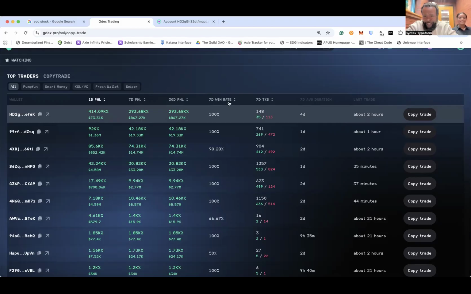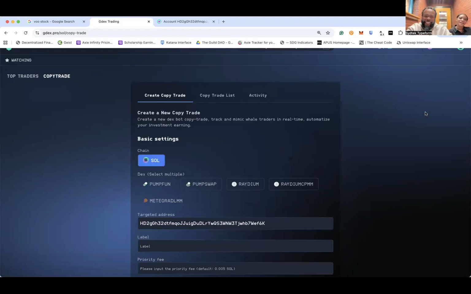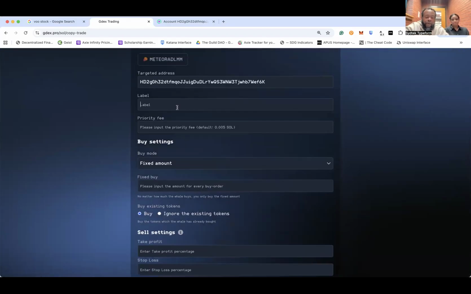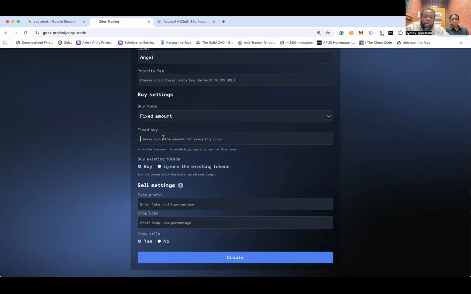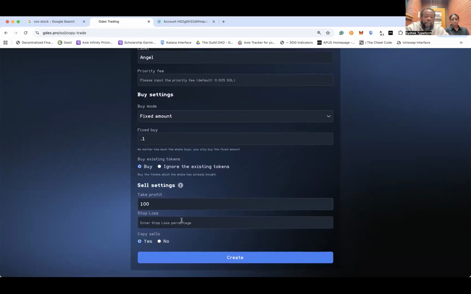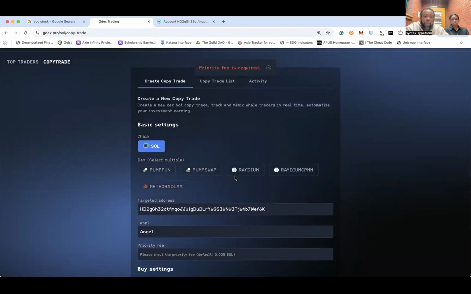Get this one. Let's see here. Fixed amount. It ain't gonna do nothing, but I just want to get them in there. Already paid.